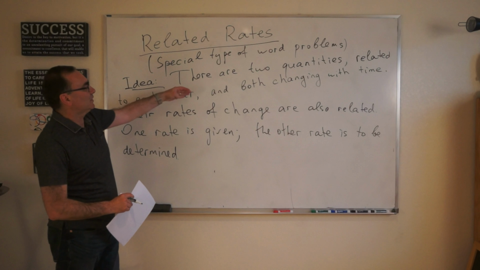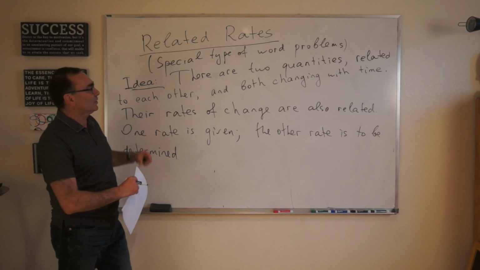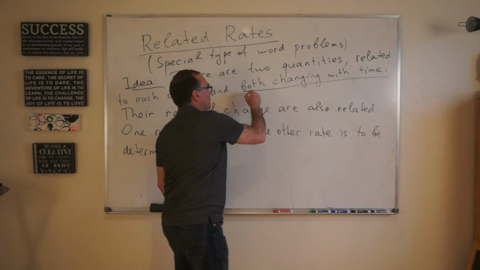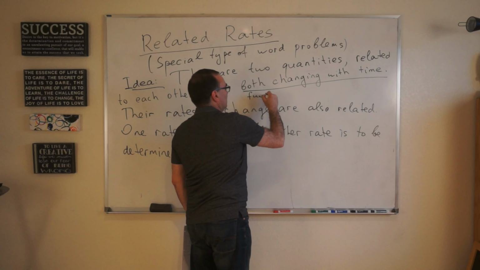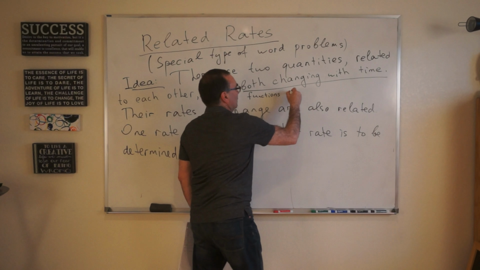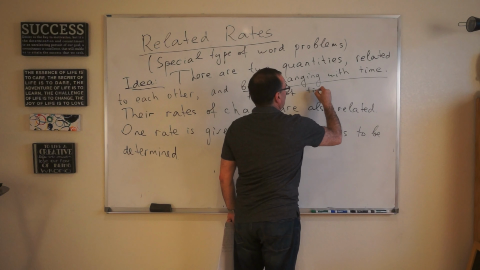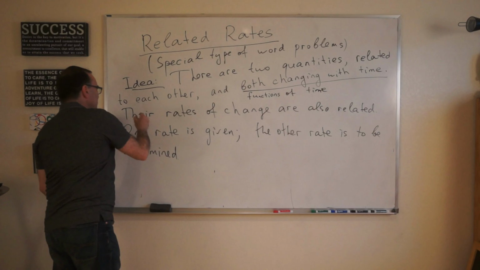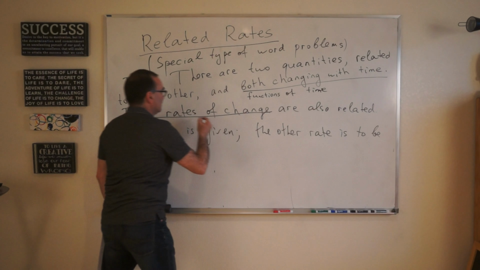So these two quantities are changing with time, so actually they both can be expressed as functions of time. And if they are expressed that way, their rates of change are derivatives of those functions.